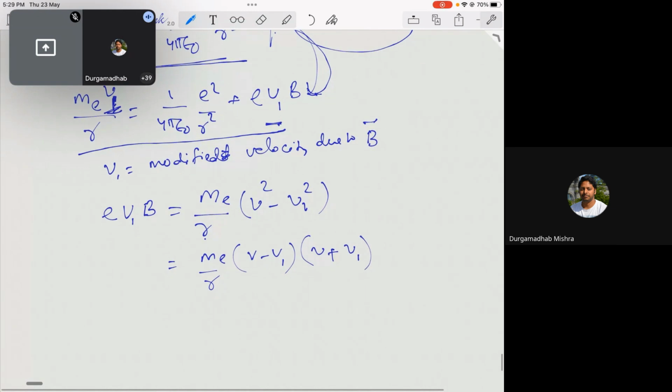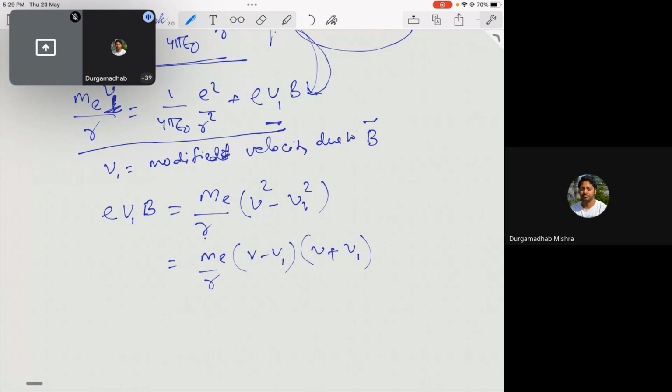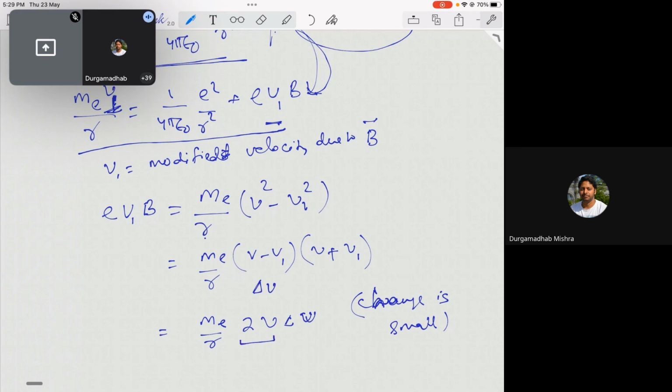Assuming that this change, delta V, is very small, we can write this as m_e by R into 2 into V into delta V. We are assuming this change is small, so when we add V and V1, they just give rise to the 2V term, and the difference will be the delta V term.